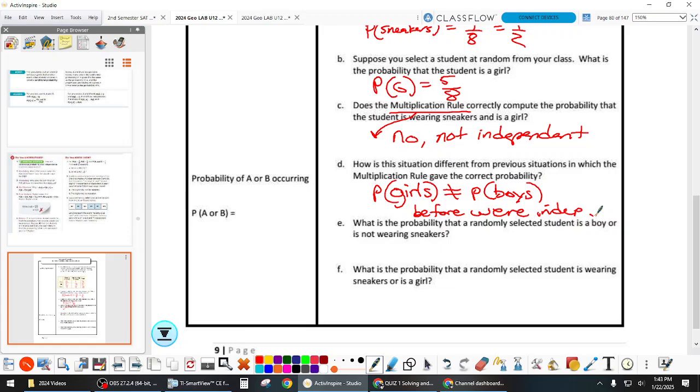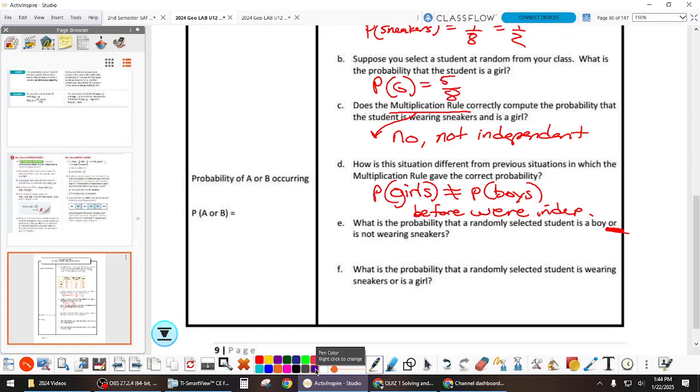All right, what's the probability that a randomly selected student is a boy or, we haven't done this in a couple days, is not wearing sneakers. So what's our question now with or? We have to switch gears a little. This is why it's kind of a review problem. What's our or question? Mutually exclusive.